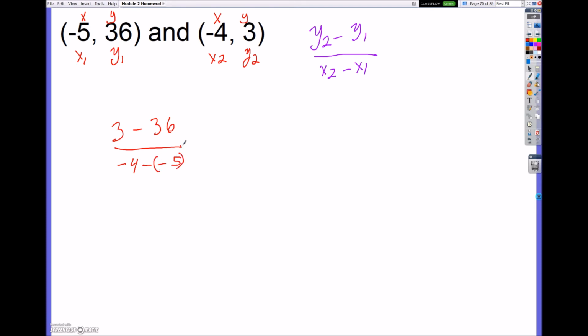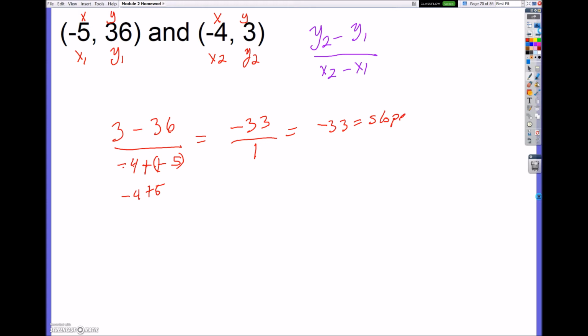So don't forget that part right there. This would equal negative 33 all over negative 4 minus negative 5. This turns into a positive. So negative 4 plus 5 ends up becoming positive 1. Negative 33 over 1 is just negative 33. And that's what your slope is.